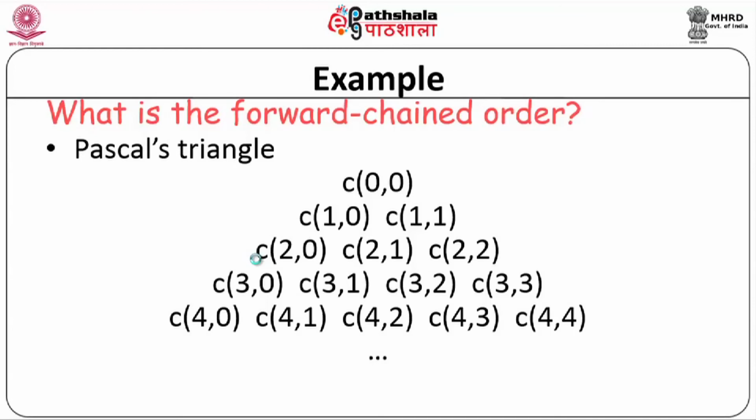You may ask a question like this: I want to find the binomial coefficient of 4 comma 5. If that is the case, why should I start with 0 comma 0? The answer to this particular question is very simple. In greedy algorithm you will have only one sequence of solution, whereas in dynamic programming you will have all the sequences of solutions that are possible.